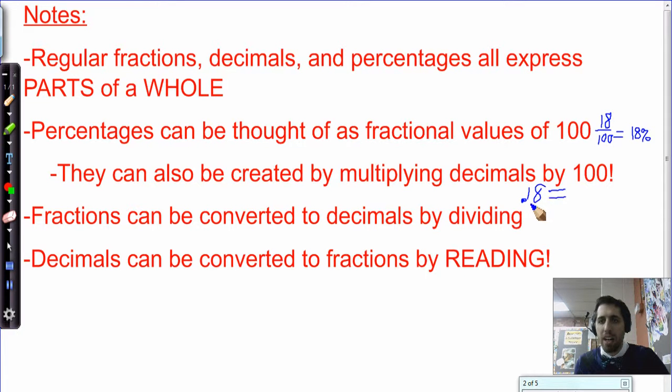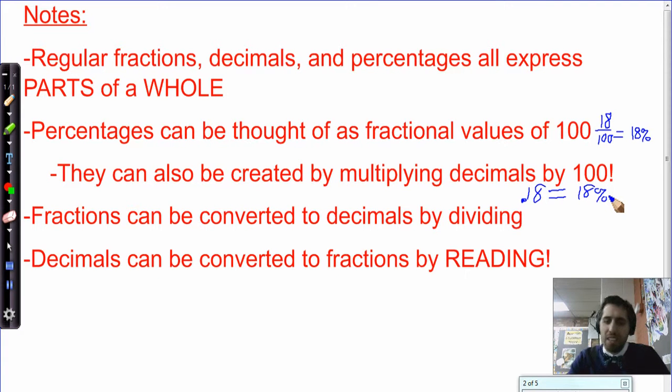Let's multiply by 100. Multiplying by powers of 10 shifts place values. Our decimal kind of moves to the right. Place values move to the left, actually. So when we multiply by 100, this is going to shift twice. We get 18%. So that's another way to do it, is just to move that decimal or to think of it that way. So this way we're talking about part of a whole still, but we can use whole numbers to do it. They're just percentages.